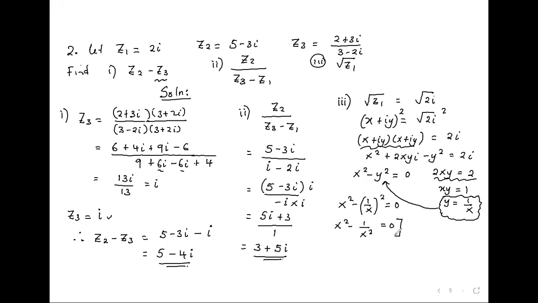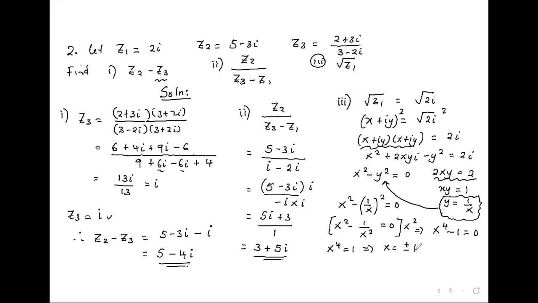If we multiply throughout by x squared, we get x to the 4 minus 1 is equal to 0. This means that x to the 4 is equal to 1, implying that x is equal to plus or minus 1, because x to the 4 is like x squared squared. So we get two values there.